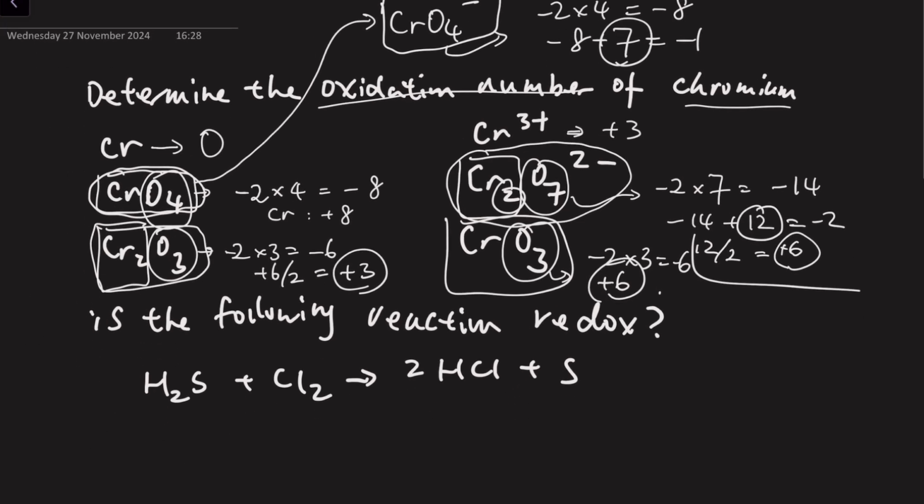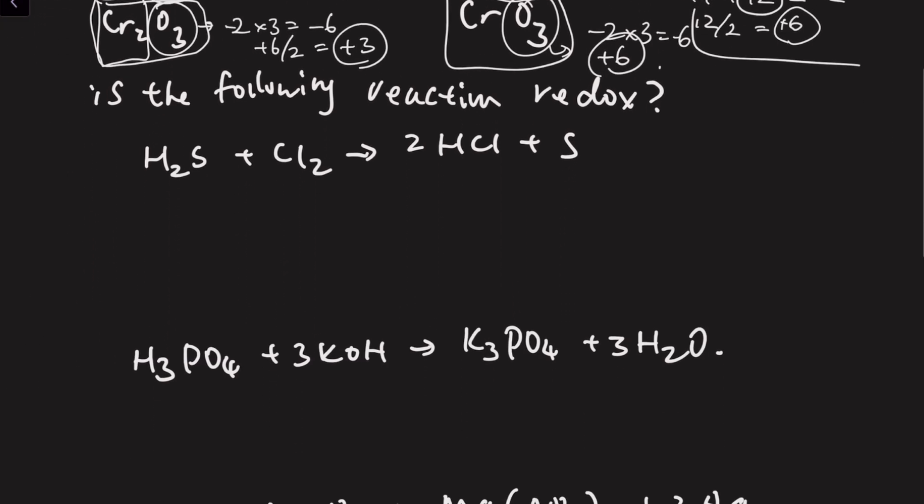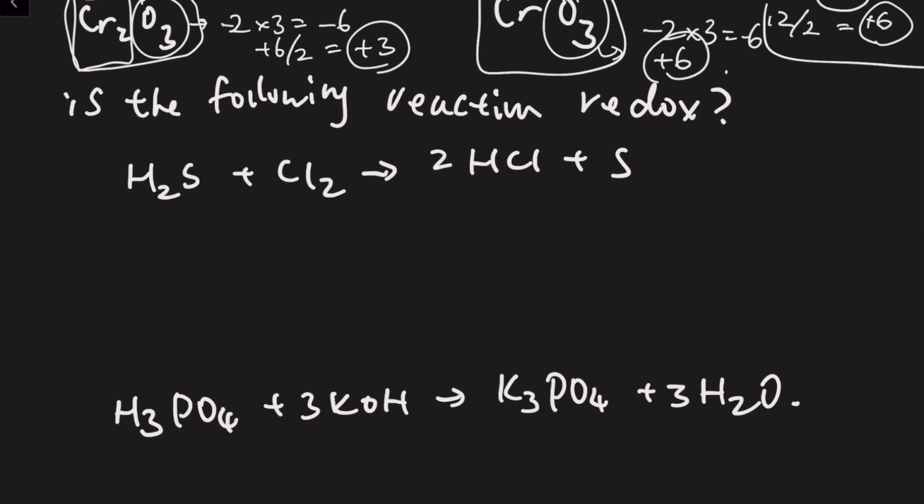Now let's move on to see whether the following reaction is a redox reaction or not by using oxidation number as a tool. For this one, hydrogen is +1 times 2, so the oxidation number for sulfur should be -2. Chlorine gas is neutral, so the oxidation number is 0.